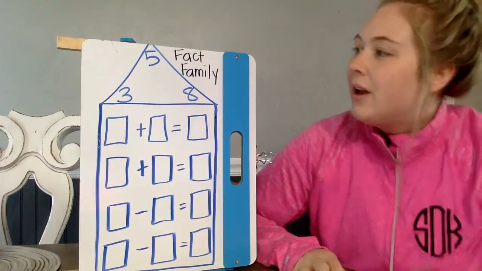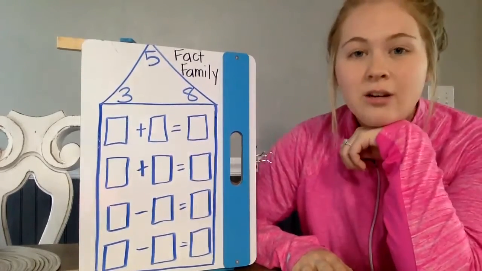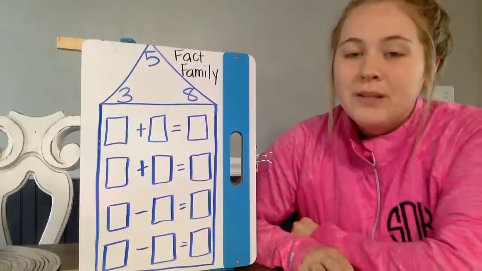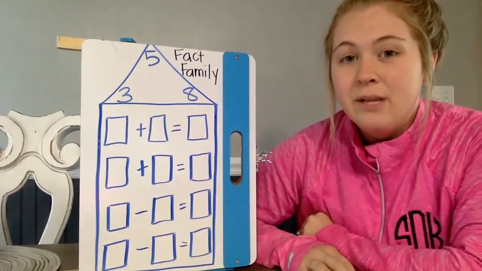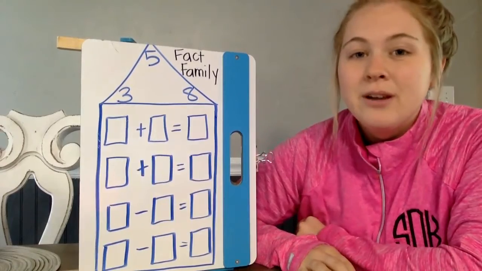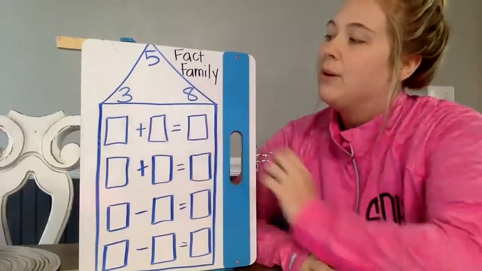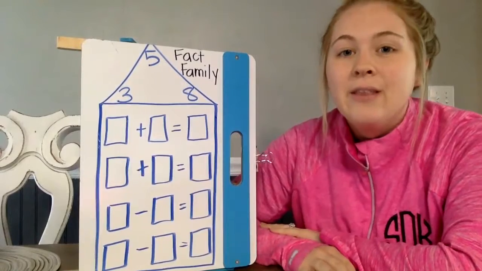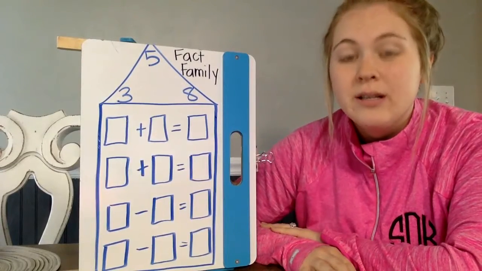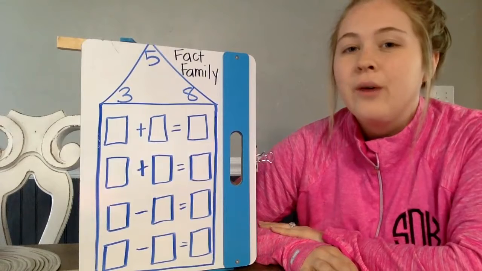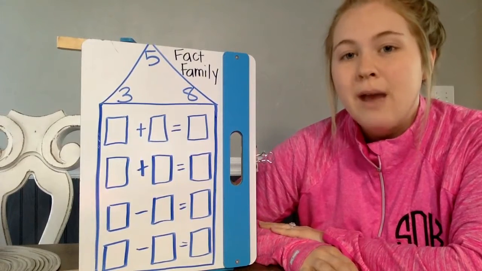I have a little fact family set up right here to go over with you, but I want to give you some reminders first. So, in a fact family, do you remember how many numbers there are? There's always 3 numbers in a fact family, and there are 4 equations that you can set up with each family. An equation is a math problem.